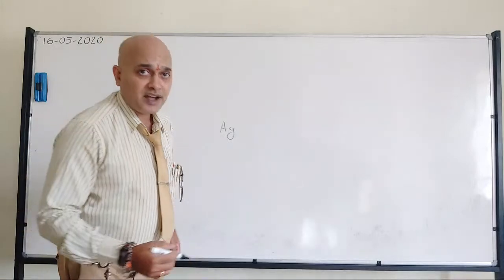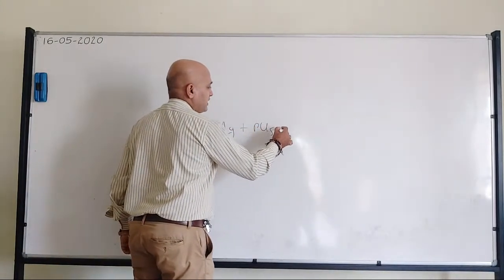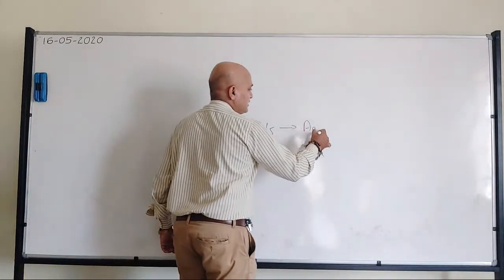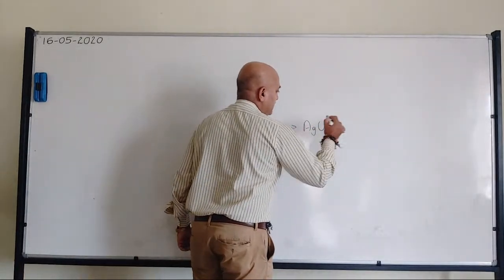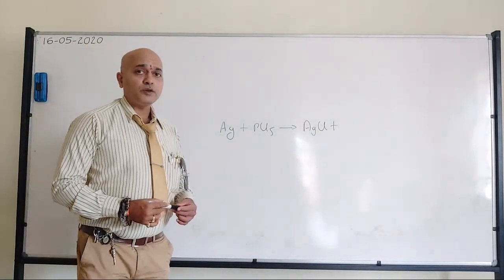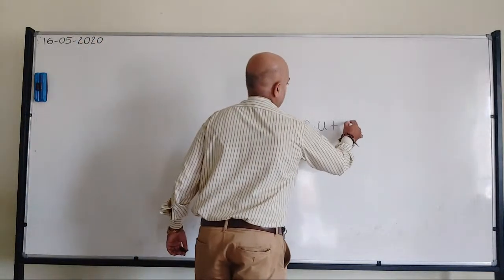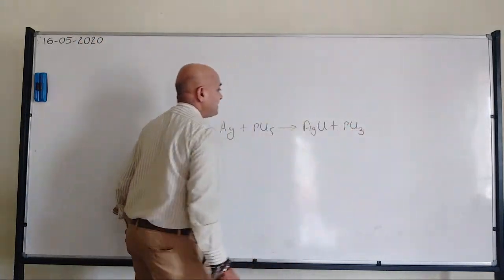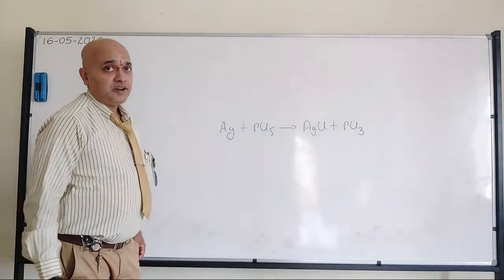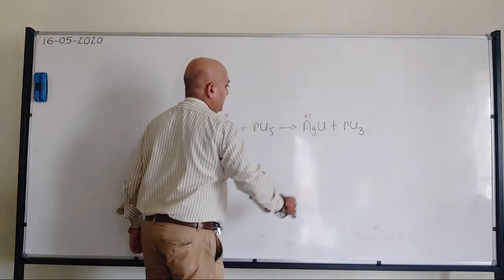That is PCl5. That means when silver is treated with PCl5, you are going to get silver chloride and PCl3. Fine. So from zero oxidation state, silver is becoming +1.